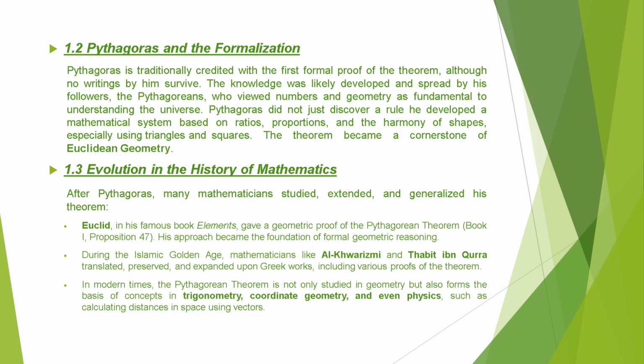During the Islamic Golden Age, mathematicians like Al-Khwarizmi and Thabit ibn Qurra translated, preserved, and expanded upon Greek works, including various forms of the theorem.